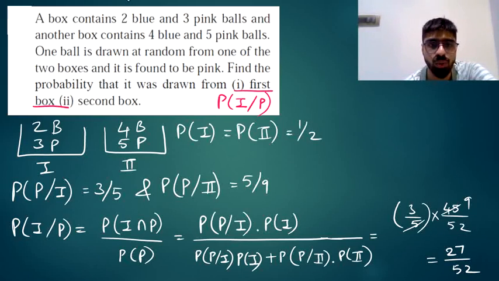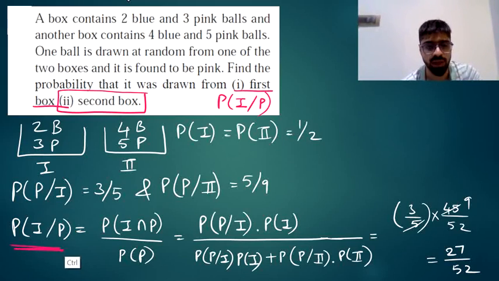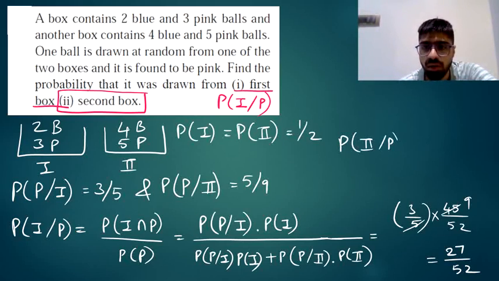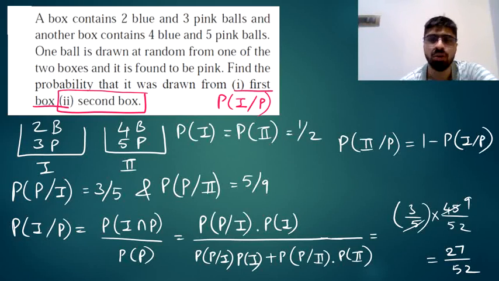And then they are asking you what is the probability that it is selected from the second box. You can evaluate it in a similar way, that is P of 2 given P. But for all those who are a little quick with this, you might have understood that P of 2 given P will be the same as 1 minus P of 1 given P. Think over it. You already know that it is a pink ball that has got selected.